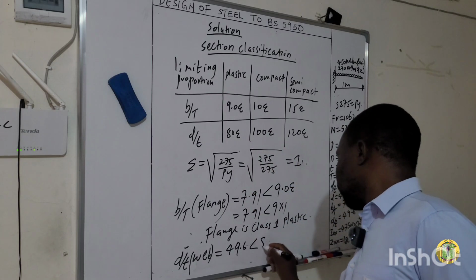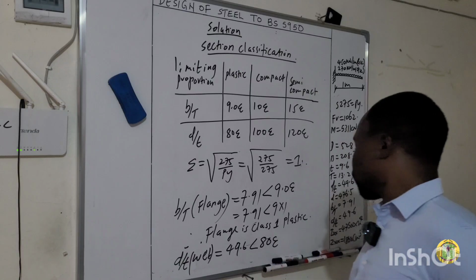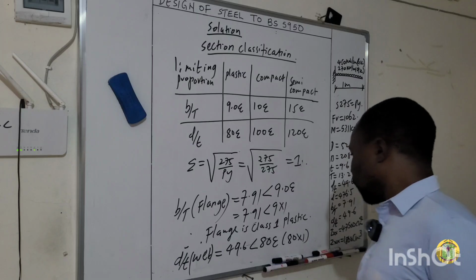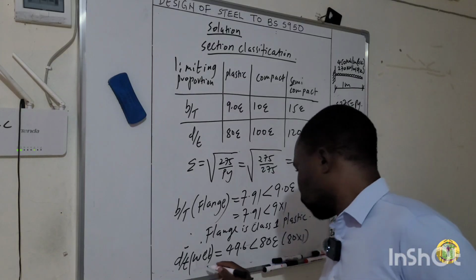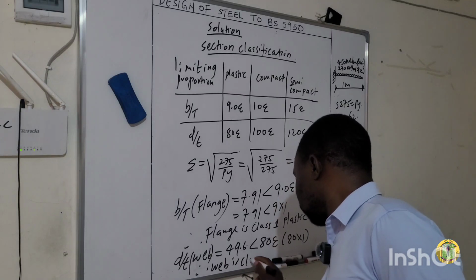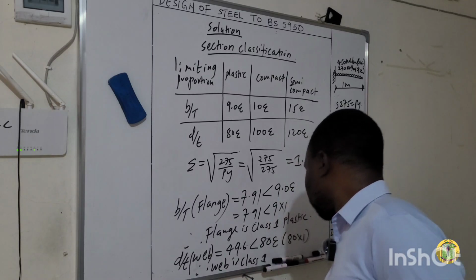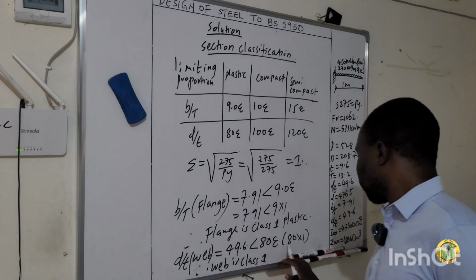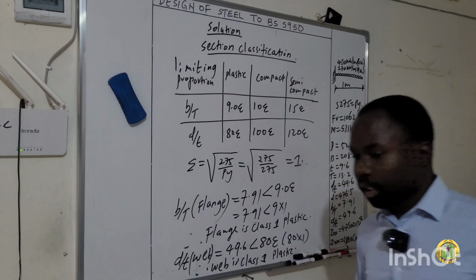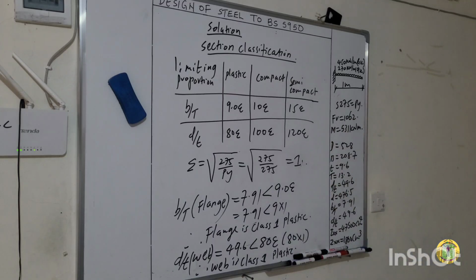So 80 times 1 remains 80. Therefore, the web is class 1 plastic. Both of them are class 1 plastic. So we have classified the flange as class 1 plastic and also the web as class 1 plastic.